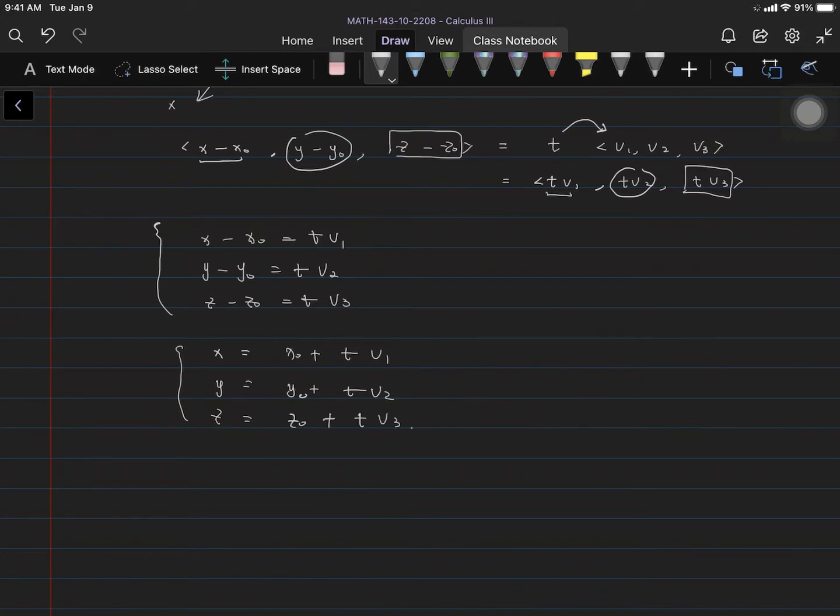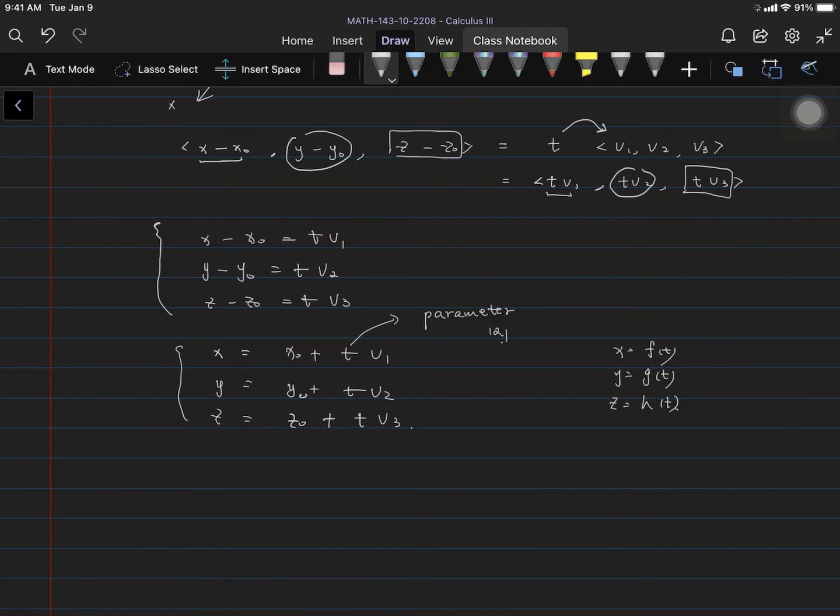You can see this is the same as x equals ft, y equals gt, z equals ht. x naught, y naught, z naught are given, v1, v2, v3 are given, so only t is unknown. You can say that's the parameter. This is the same as chapter 12.1 at the beginning, where we learned parametric equations.